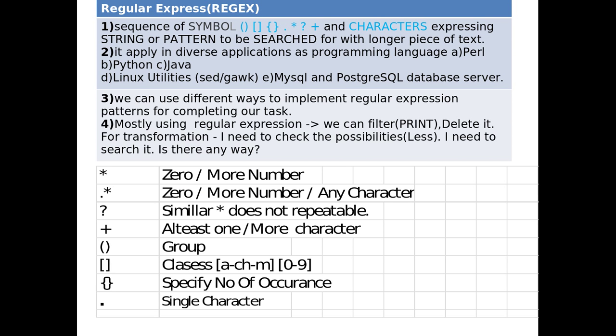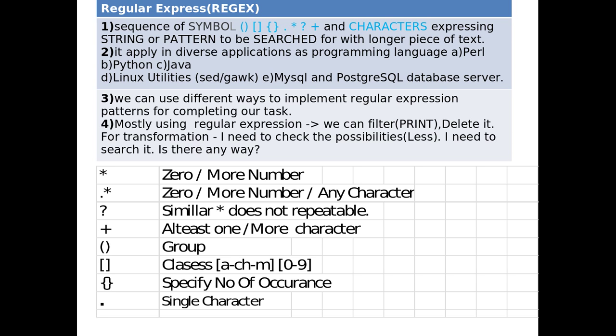Another feature in shell script is the regular expression. What is a regular expression? A regular expression is a sequence of symbols: open and close parenthesis, square brackets, curly brackets, and dot, asterisk, question mark, plus. Using these characters we can express a string or pattern to be searched for in a longer piece of text.